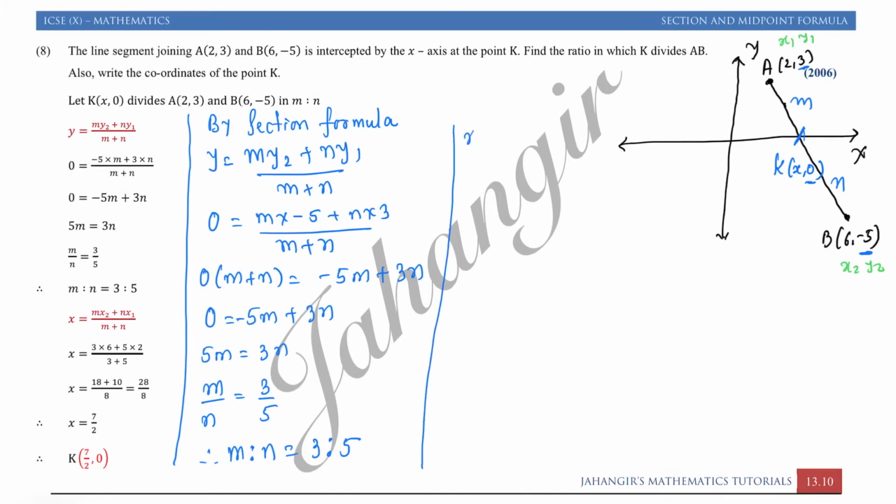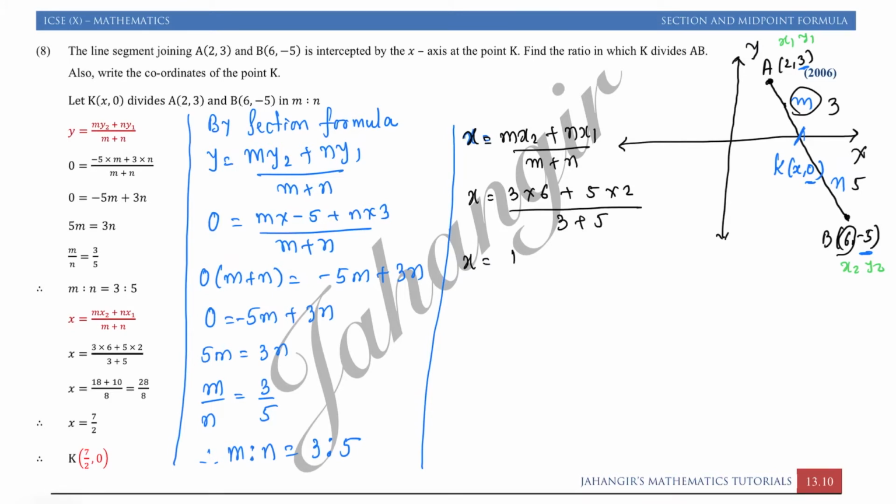So for that we will use the section formula. That is x is equal to (m x2 plus n x1) upon (m plus n). M, this is m and this is x1. M and n values we already know, it's 3 is to 5. So 3 into 6 plus 5 into 2 whole upon 3 plus 5.